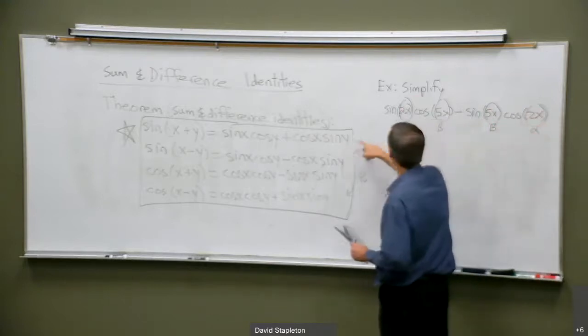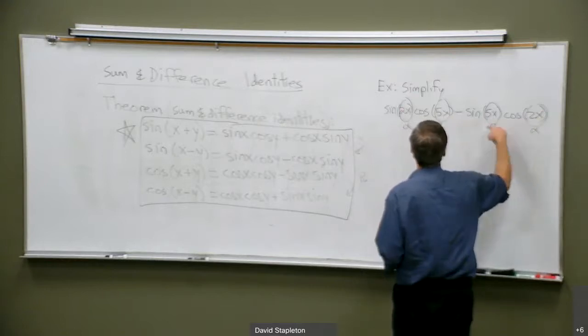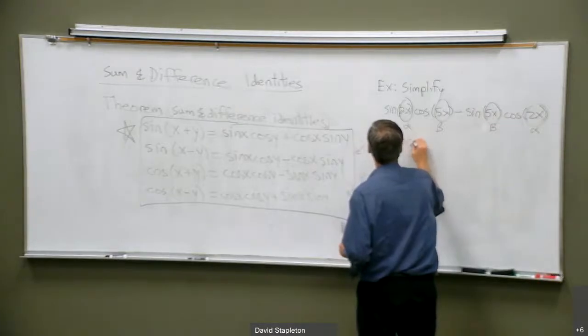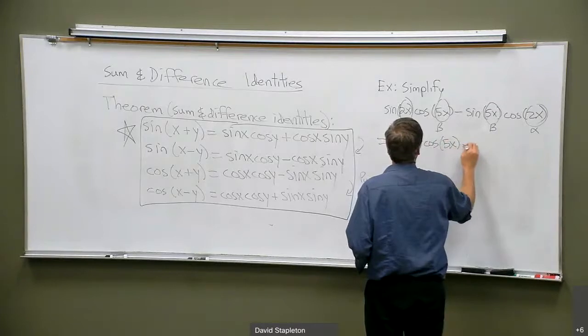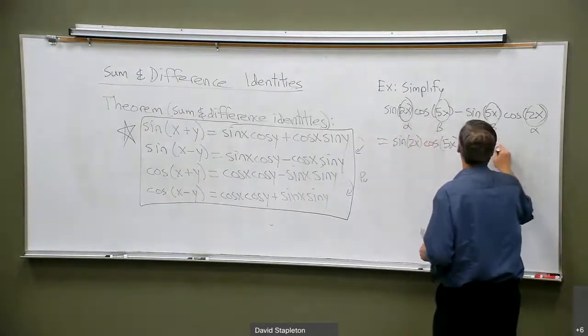This looks a lot like sine, cosine, minus cosine, sine. If I reverse the order of these, I write it as sine alpha cosine beta minus cosine alpha sine beta. It sounds like the rhyme, right? Sine, cosine, minus cosine, sine.